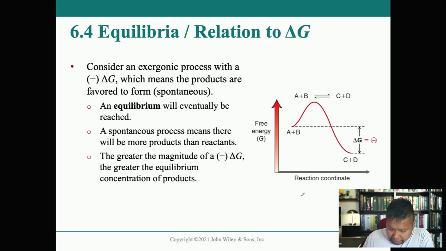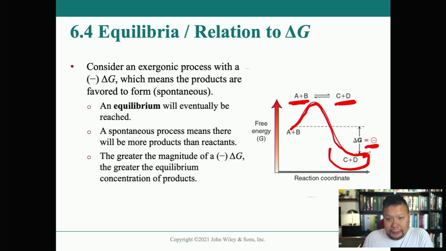So, in this particular slide, your reactants are A and B, and you're making C and D. It's definitely exergonic, spontaneous with a negative delta G. But you're never going to get 100% C and D because it will eventually come to equilibrium.